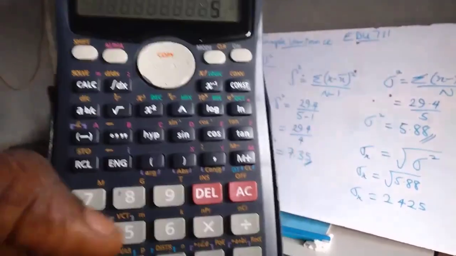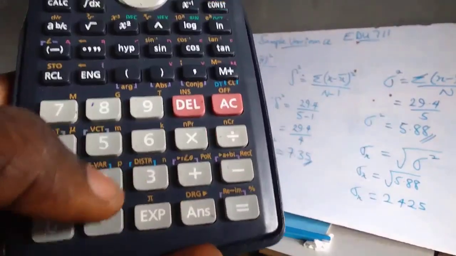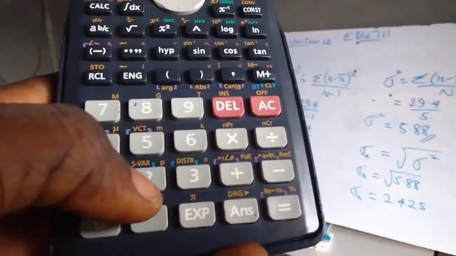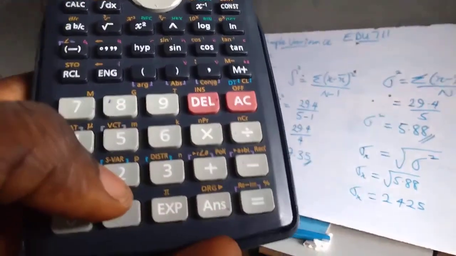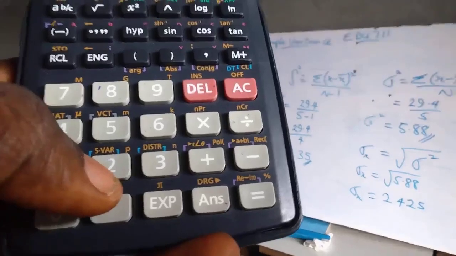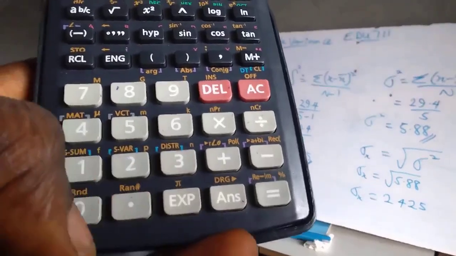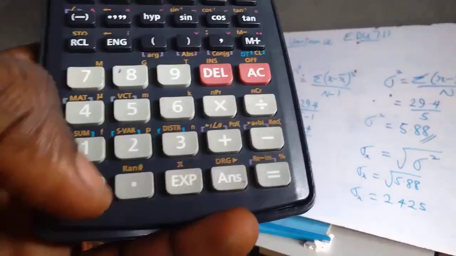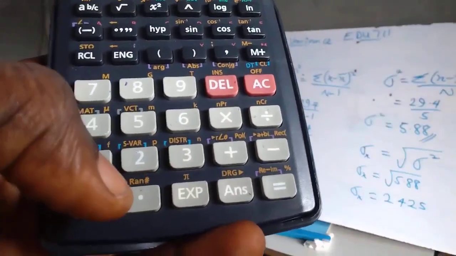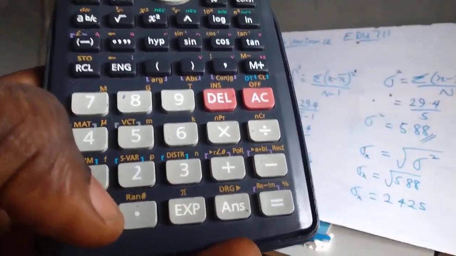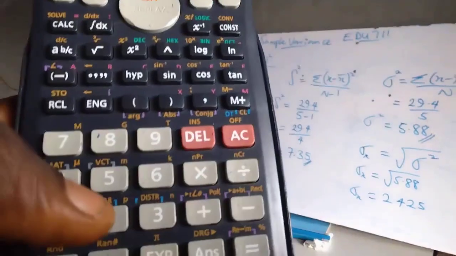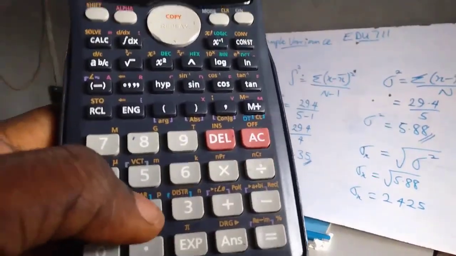So you go to 2. You can see 2 here. On it we have the one written in yellow on top of the 2 key, S minus VAR, that is variance. So you press the 2.